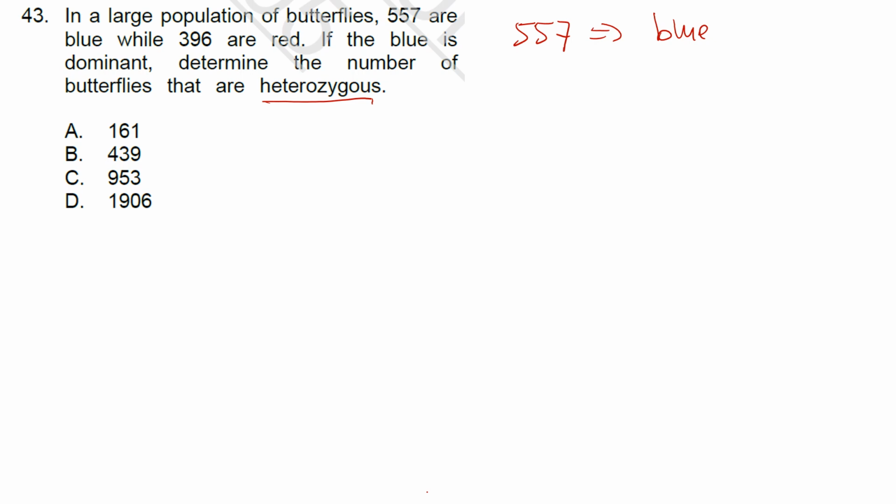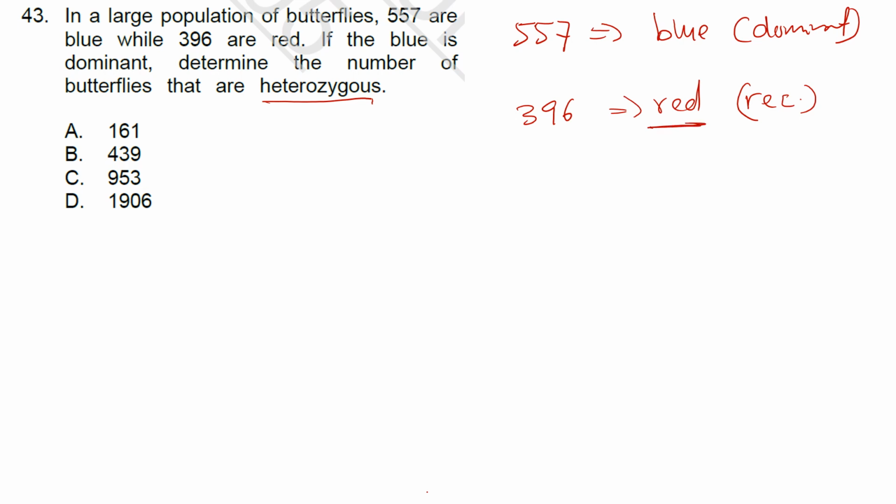Okay, blue is the dominant phenotype. So dominant phenotype, and then you have 396 is red. Red is the recessive one.